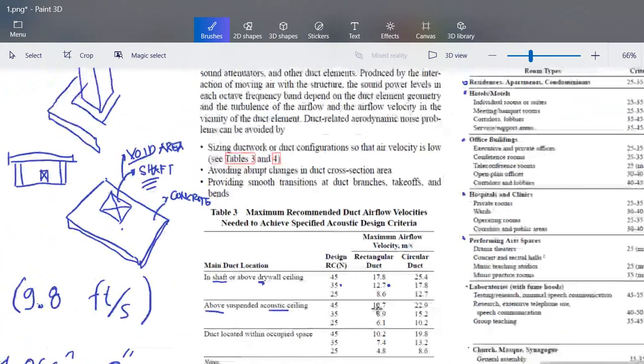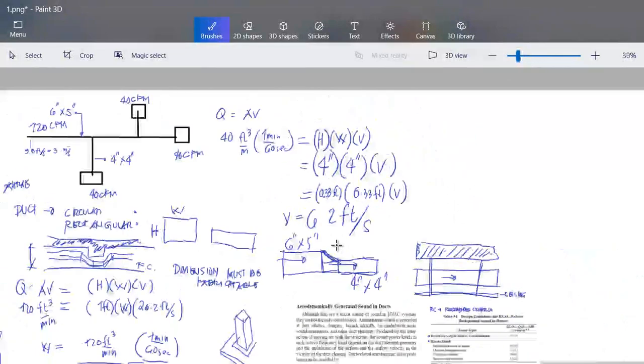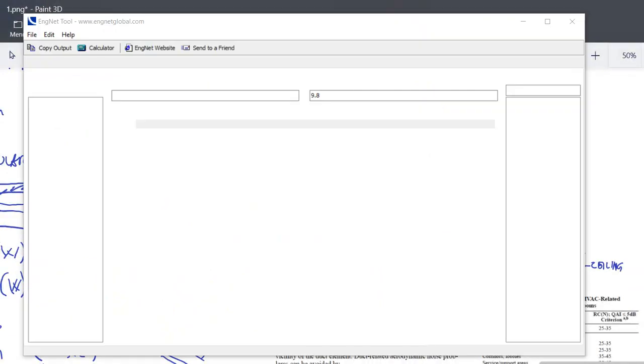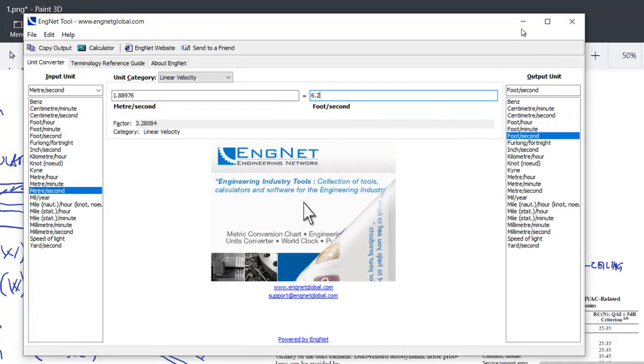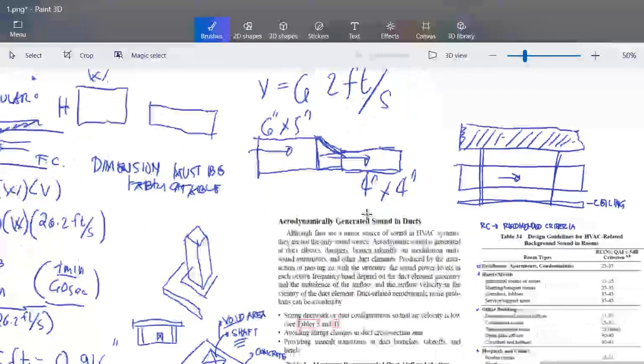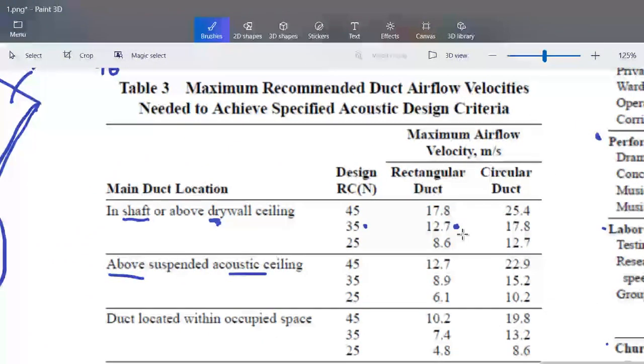Since we have 6.2 feet per second, if we convert that to meters per second, 6.2 is 1.88 meters per second. So at least we are not above. The value of your velocity should be less than the maximum.